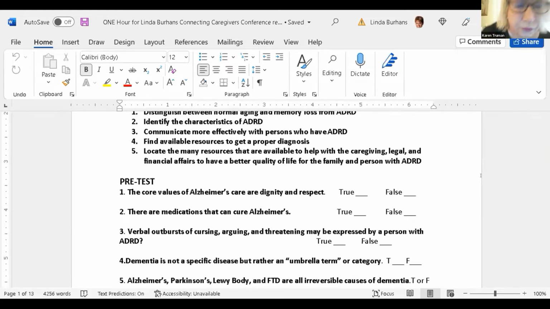So we're going to do some distinguishing between normal aging and memory loss. We're going to identify the characteristics. When you see the word ADRD, that just means Alzheimer's disease and related disorders. That's how the different state agencies put it.